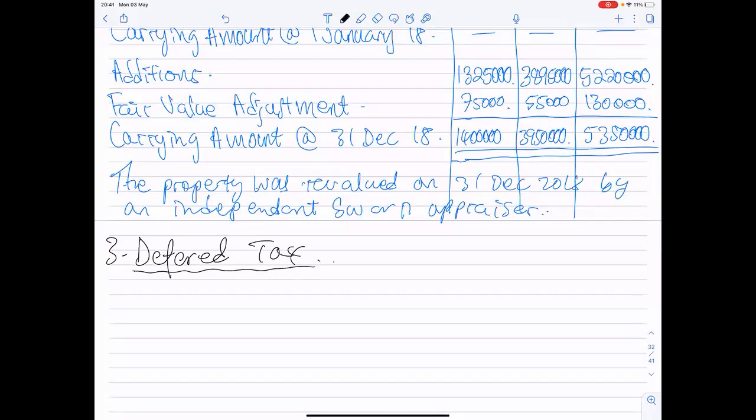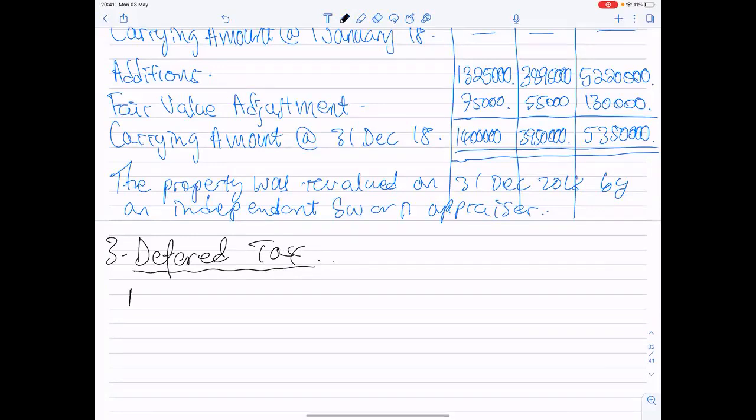So the deferred tax, we will be looking at the amounts that are different from SARS. So the carrying amount versus the tax base is going to be different. So there are 2 ways that you can look at it.